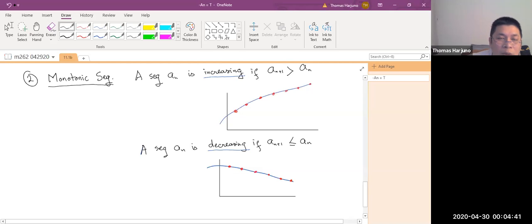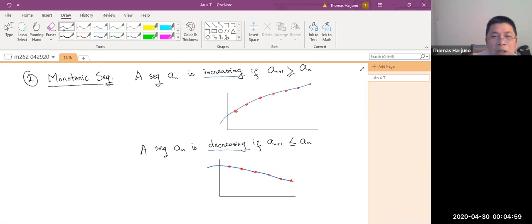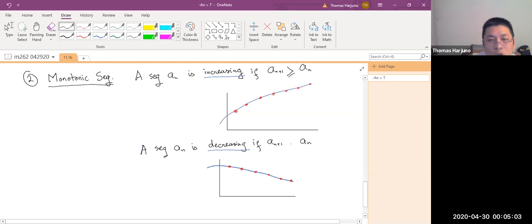That's the difference between strictly increasing, where the next term has to be greater, and simply increasing, which means the next term has to be at least equal to the current term. Likewise, strictly decreasing means the next term has to be less than. This is strictly decreasing, and this one is decreasing.